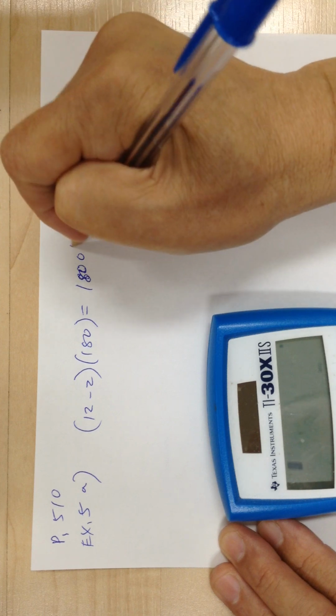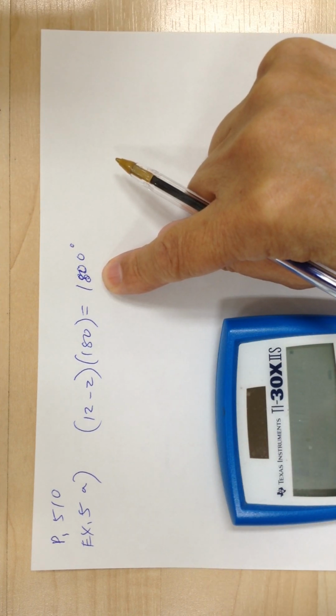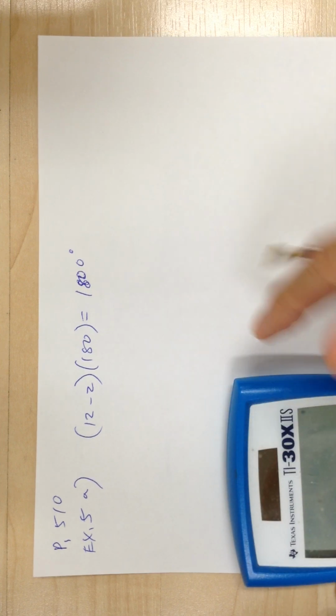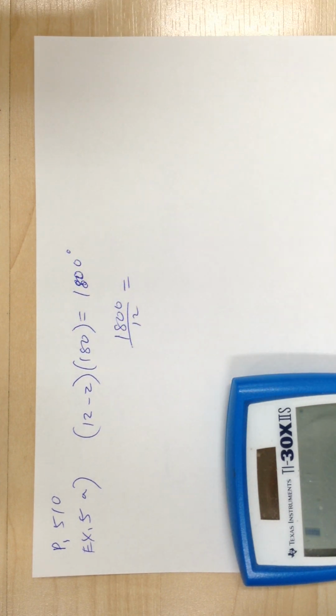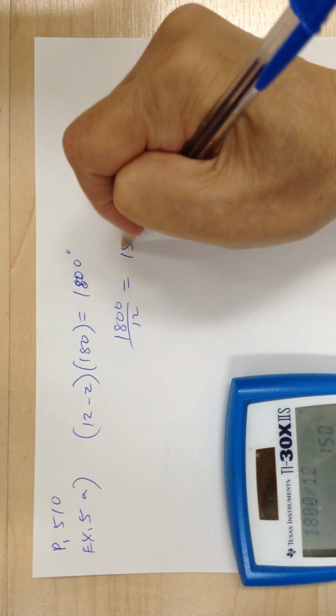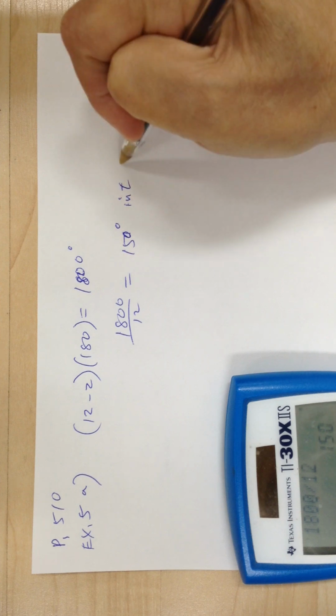Now, since it's a regular dodecagon, every angle is equal, so you can just divide this by 12 to find each angle. So it equals 150 degrees. This will be the interior angle.